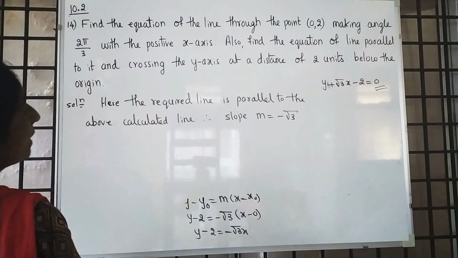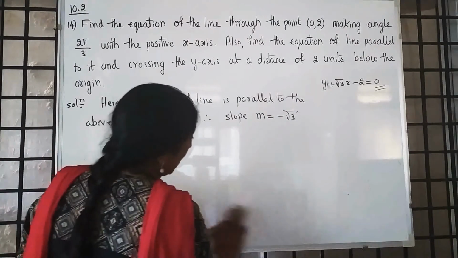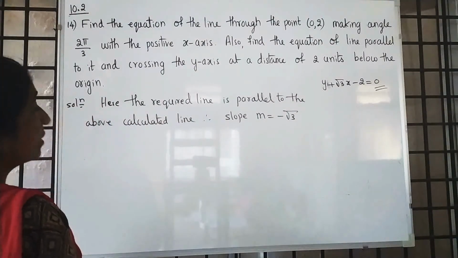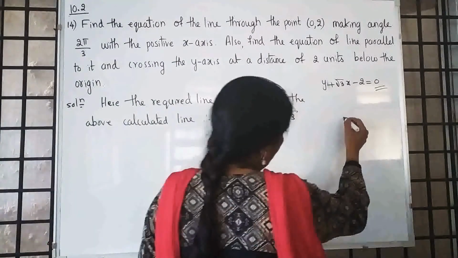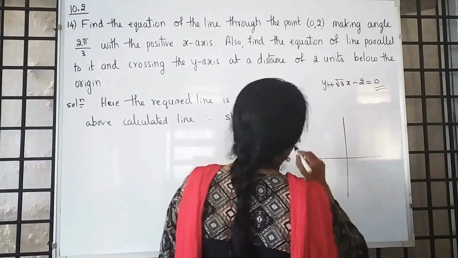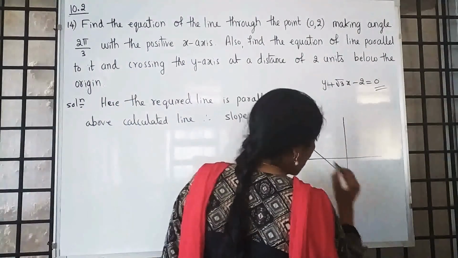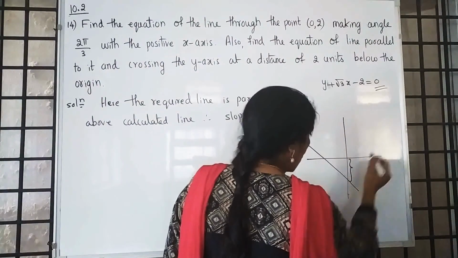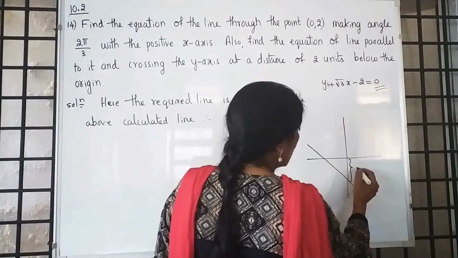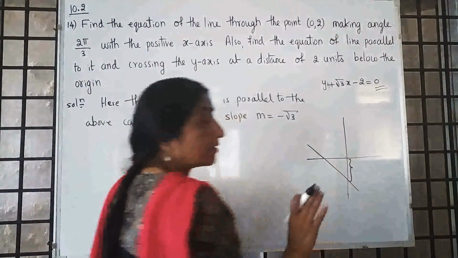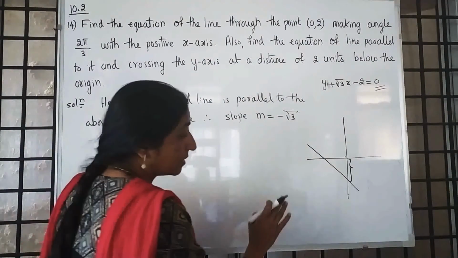And what is given? It crosses the y-axis at a distance of 2 units below the origin. It crosses the y-axis below the origin. If the line cuts the y-axis, it is a y-intercept.